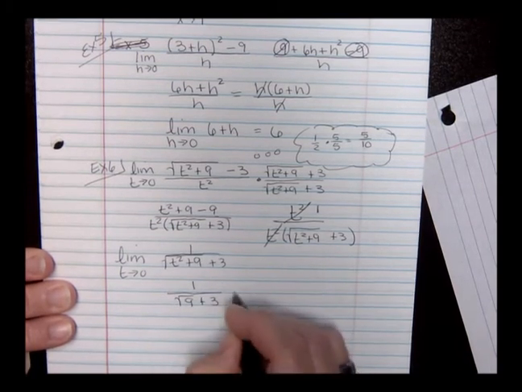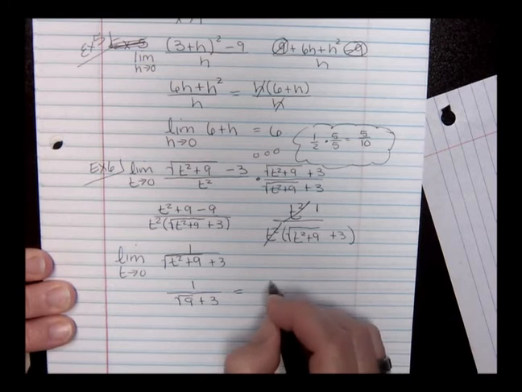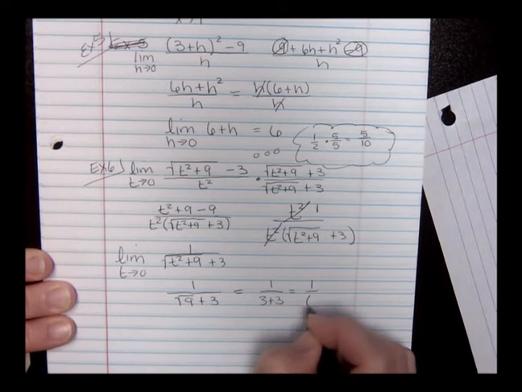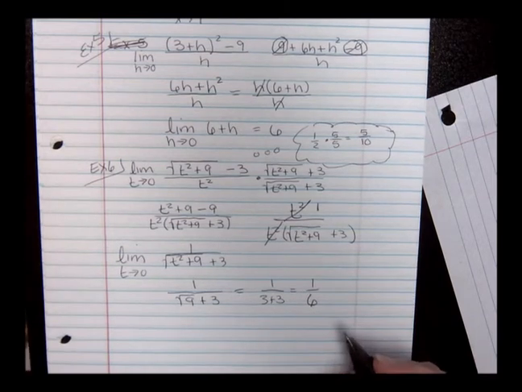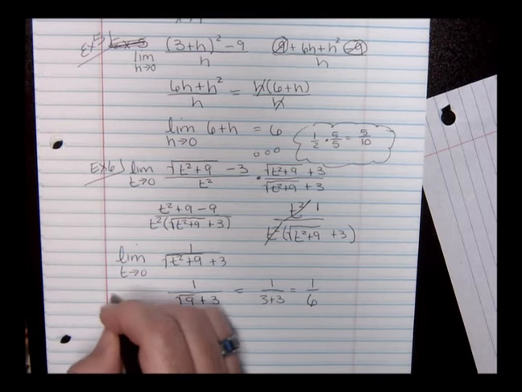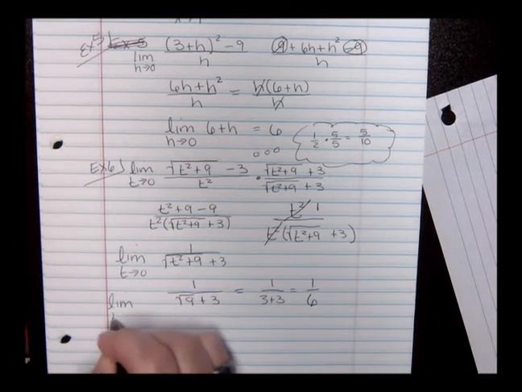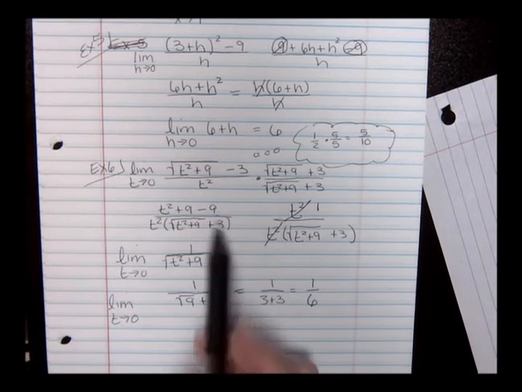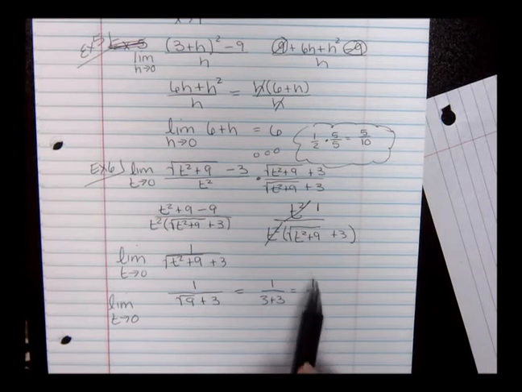And that will be 1 over 3 plus 3, which is 1/6. Not bad at all. Okay, so the limit as t approaches 0 of this function is 1/6.